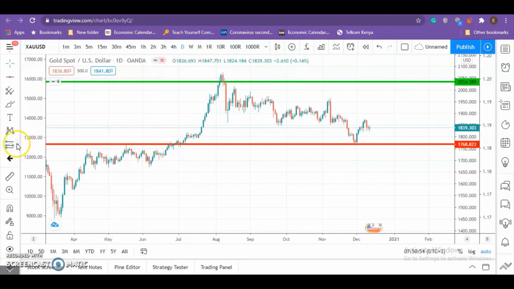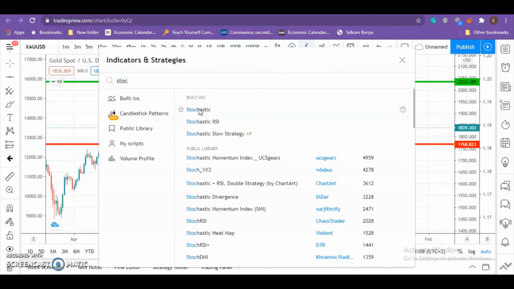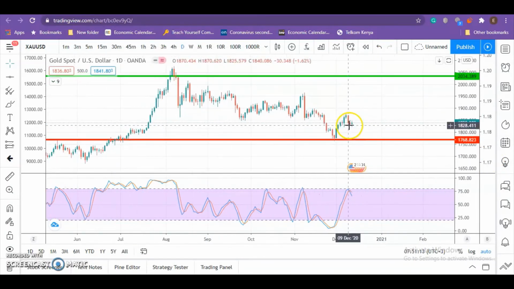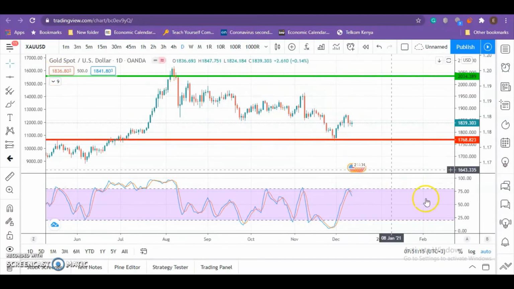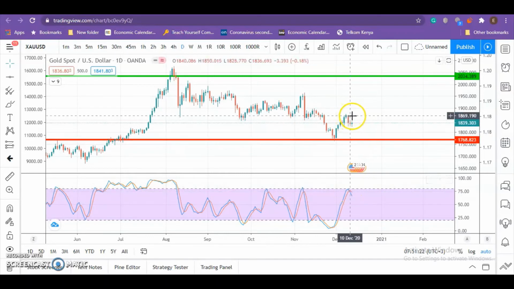Let's now use the Fibonacci retracement tool, and also in conjunction with the stochastic. What did we say about the overbought and oversold position?